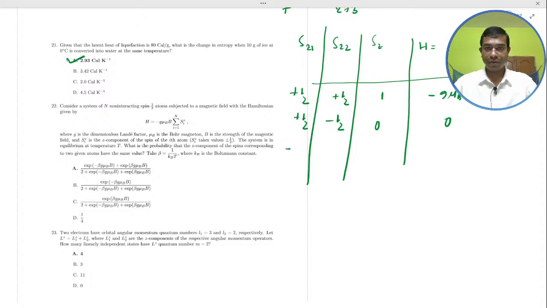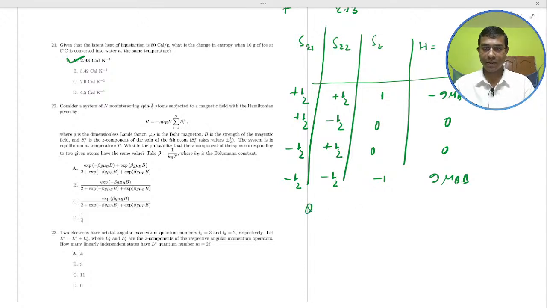These are the combinations. Minus half, plus half is 0. And last, for minus half, minus half, it is plus g mu B B.